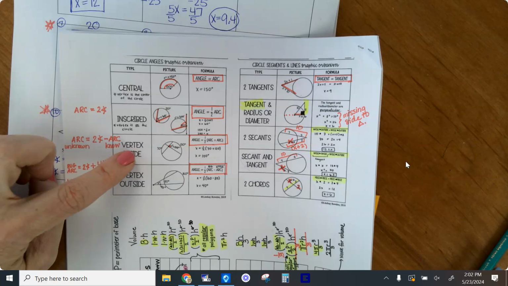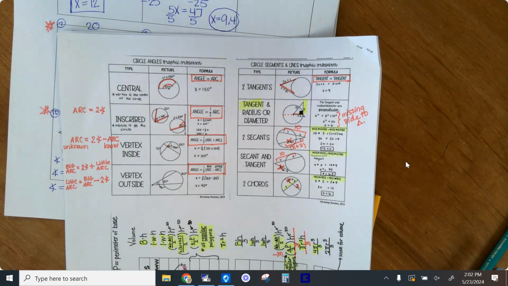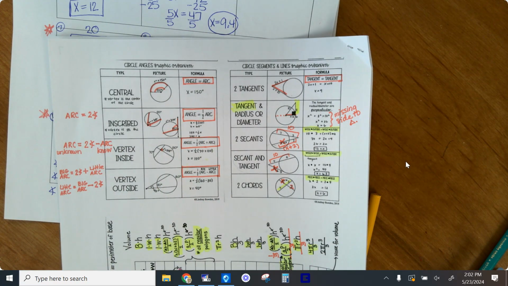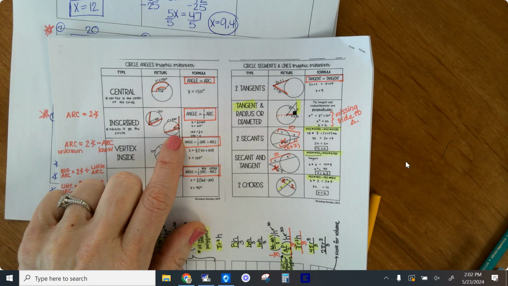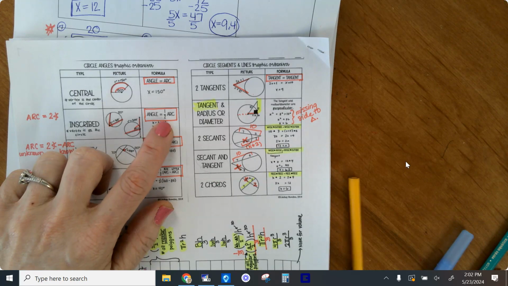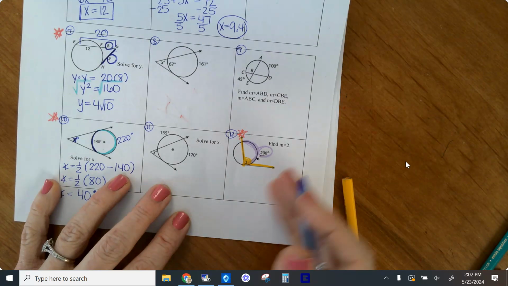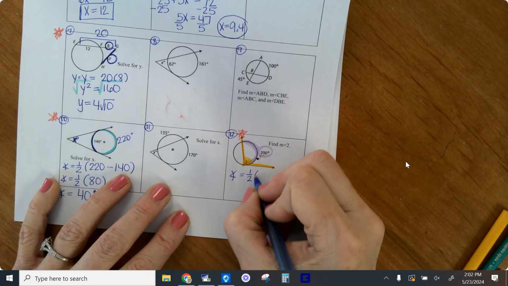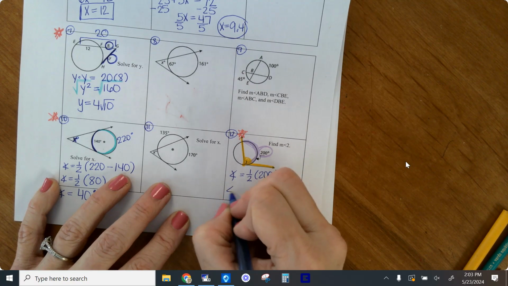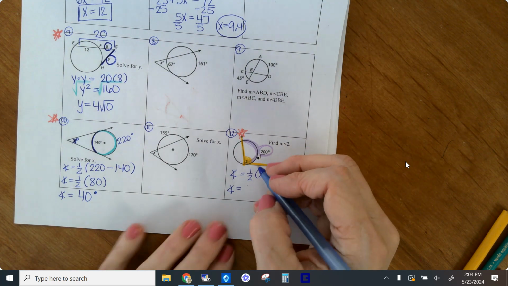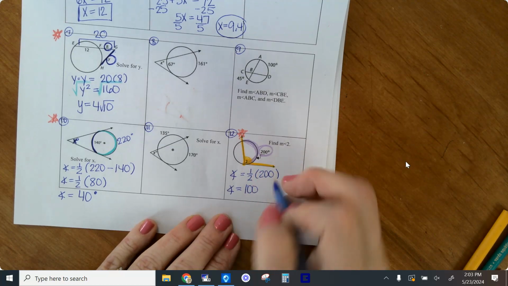Central, inscribed, inside, outside? It's inscribed. See it? It looks just like what's on our paper. And it says that the angle is half of the arc. So my angle is half of the 200. So how much is that angle? It's half of 200.